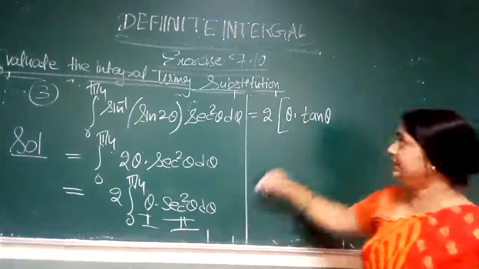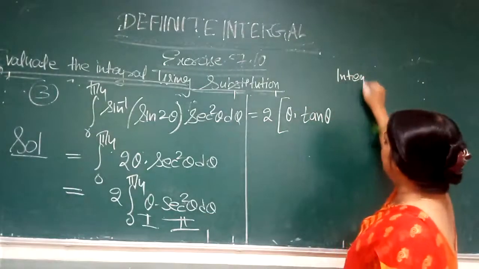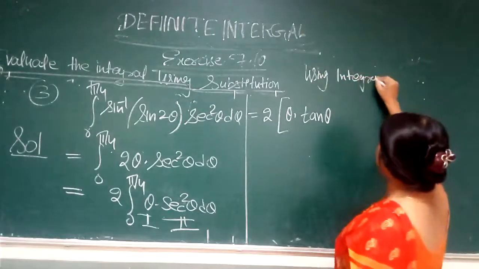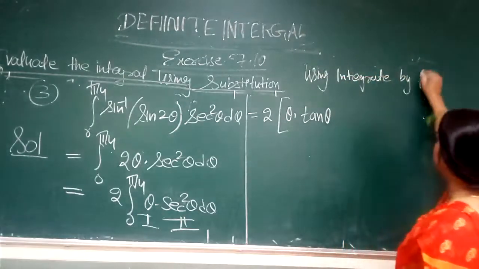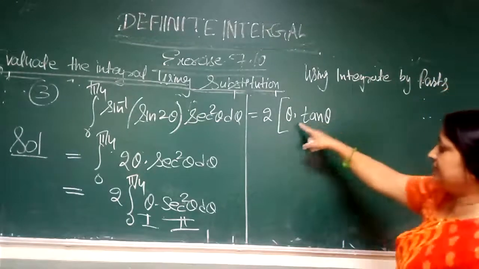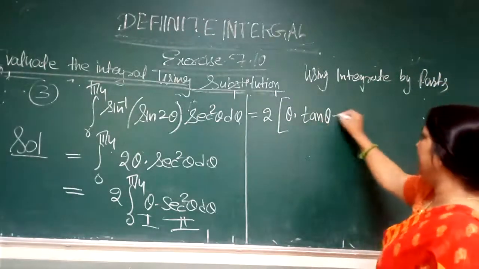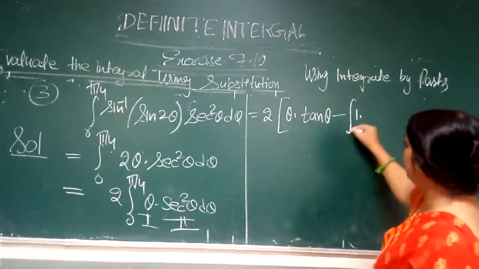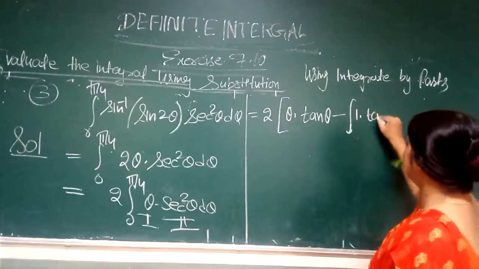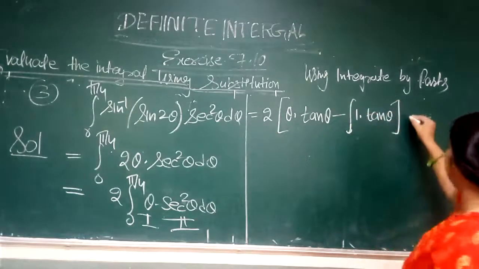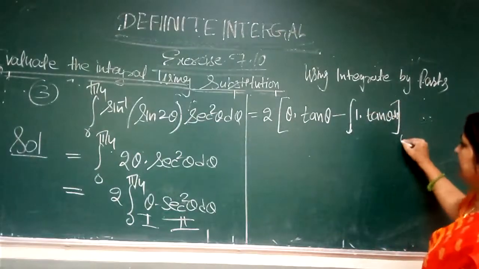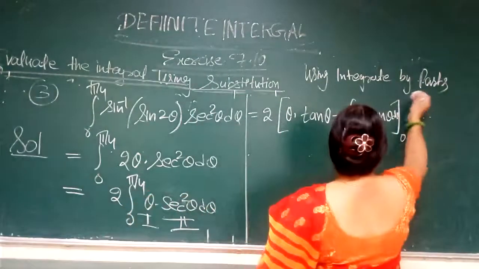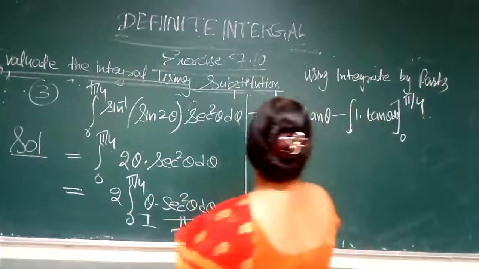Now I am applying here integrating by parts. Now you know that by first as it is integration of second minus integration of derivative of first, that is theta into integration of sec square theta, that is tan theta, and d theta, and limit is 0 to pi by 4.